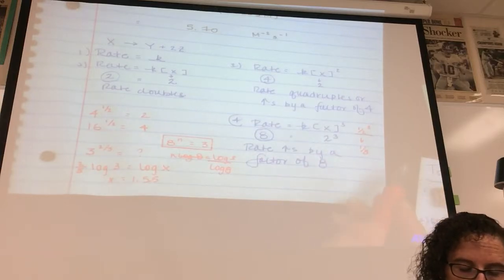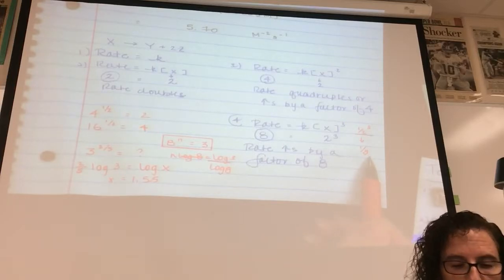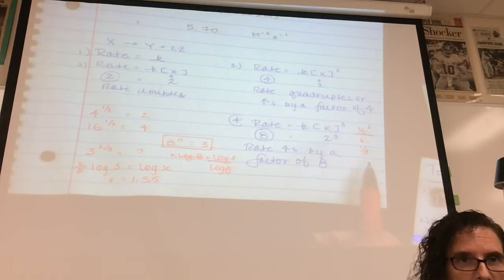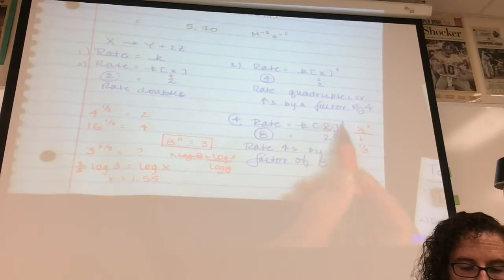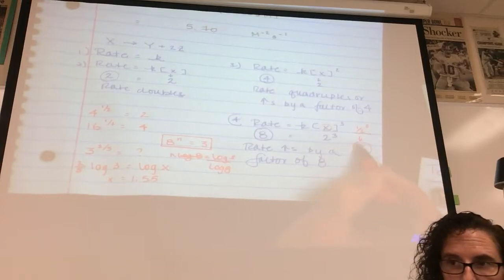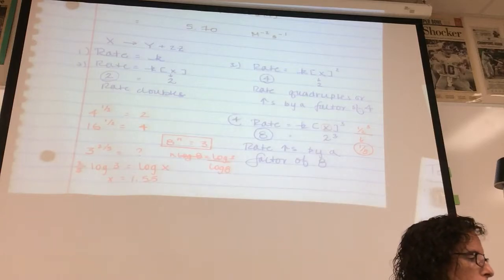So you typically wouldn't say the rate is 1/8 what it was. You would say the rate decreases by a factor of 8, the reciprocal, all right? So if you half the concentration here, to the 3rd power is 1/8, and you would say the rate decreases by a factor of 8, which is the reciprocal.